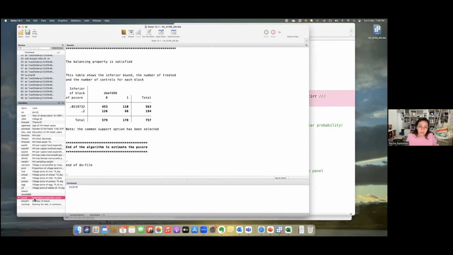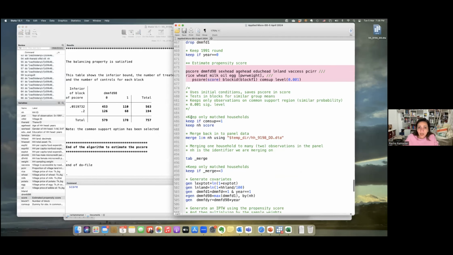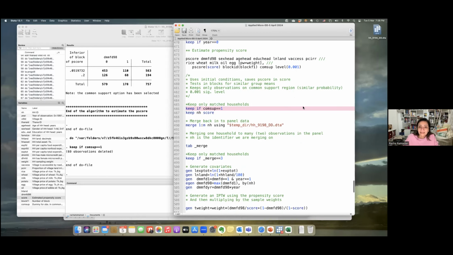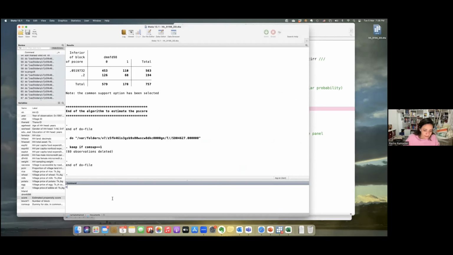Here, I will need to use it as a weight, as we discussed. And we have also the common support area. I wanted to keep only the observations that are in the common support area. Okay, and if I show you the data here, let me show you.